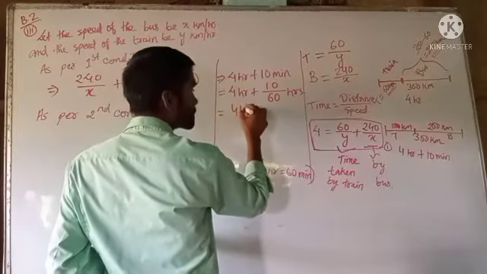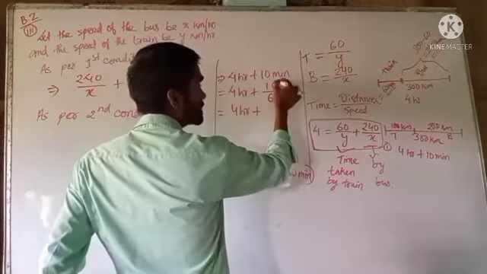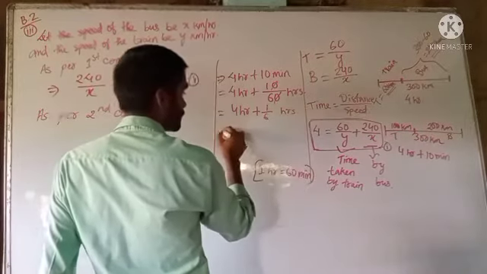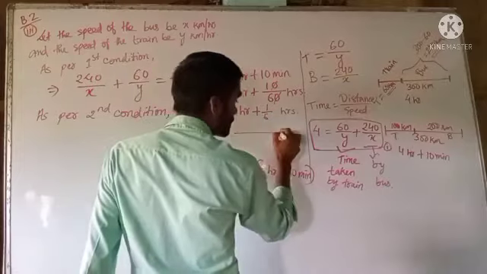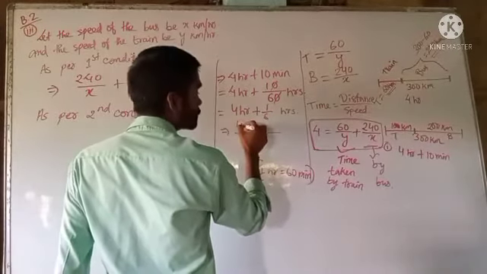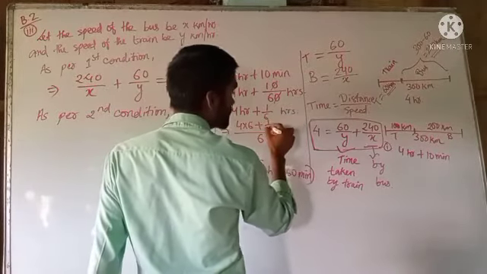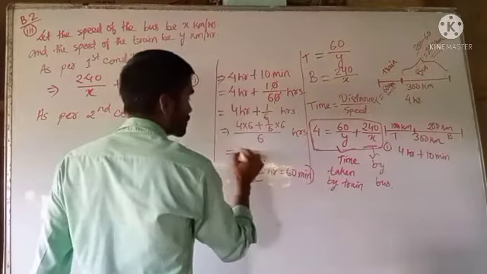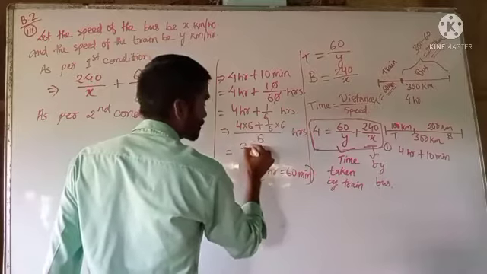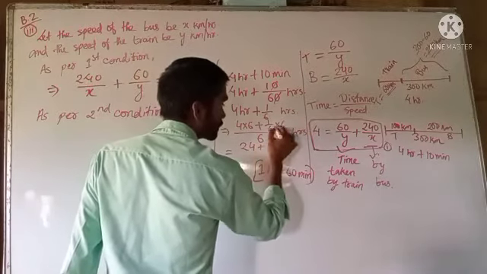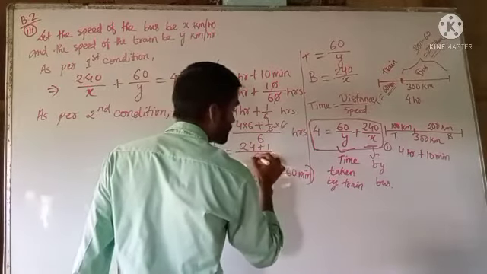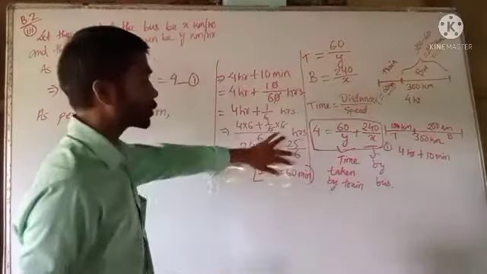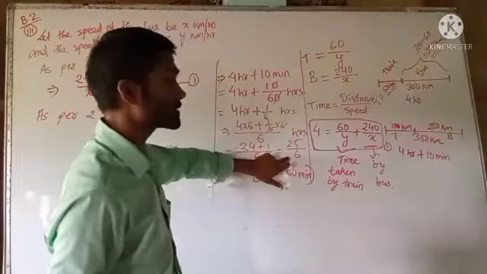Now 4 hours plus, the 0 and 0 we can cancel, so we'll get 1 by 6 hours. Then we'll take the LCM, that is 6. 4 into 6 plus 1 by 6 into 6 hours. Then it is equal to 4 into 6, that is 24, plus 1, that is 25 by 6 hours. That means the total time taken here is 25 by 6 hours.